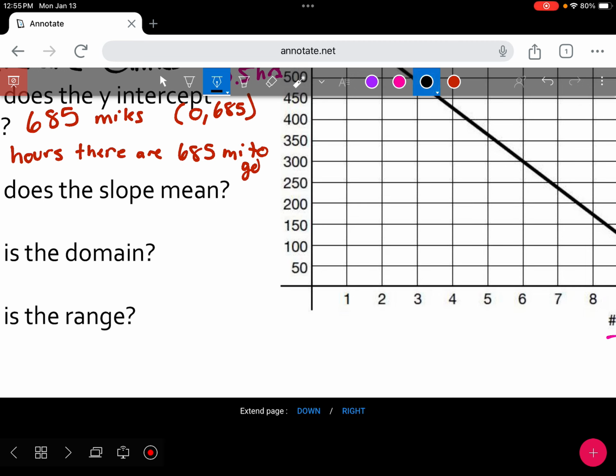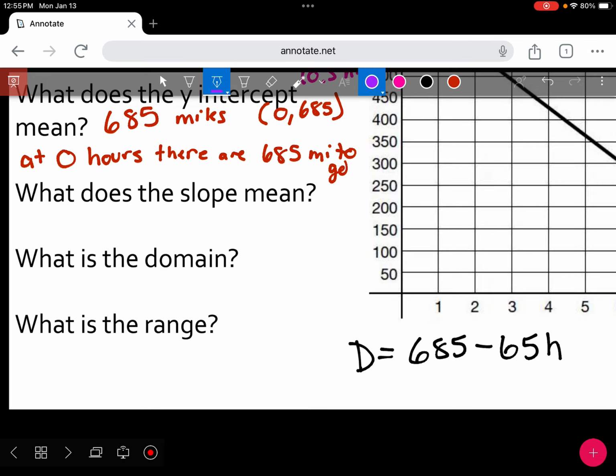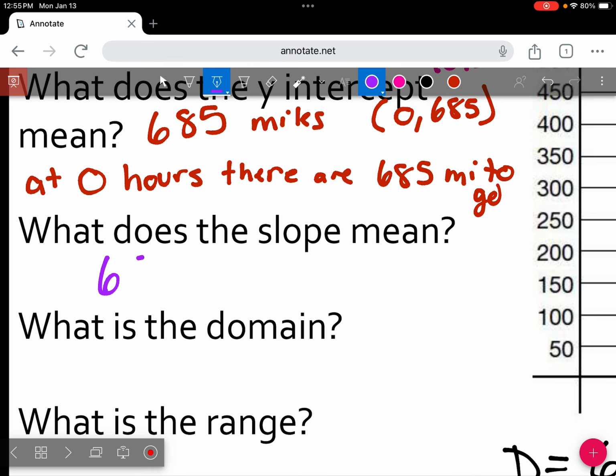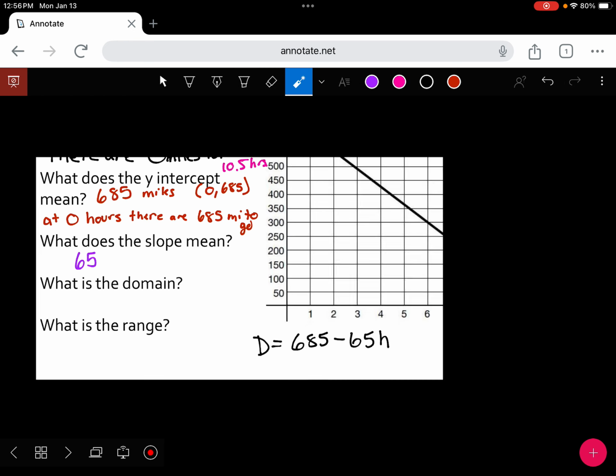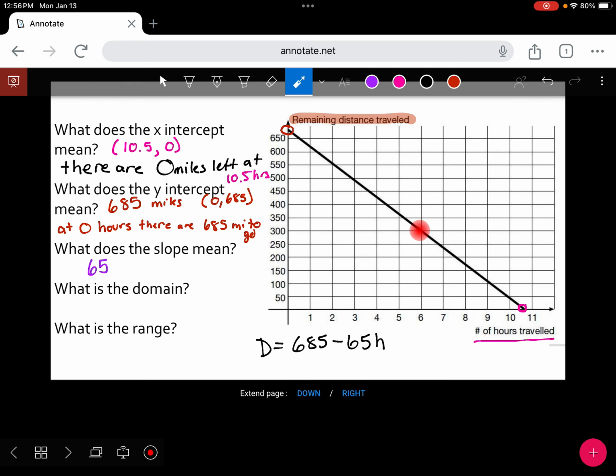So if you look in the paragraph again, it has that equation of D equals 685 minus 65H. So our slope is it 65 like this? Or is it negative? It's negative. We can also see that looking at our line here. It's going down. It's falling.